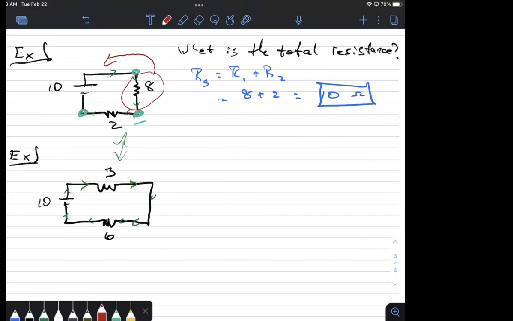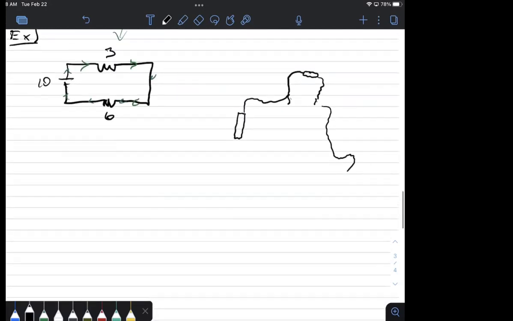And so if you have a true circuit sitting somewhere, that true circuit may look like some weird thing where you have a battery and wires, and then over here you have the resistor plugged in to the circuit board, and then you have another wire over here, and then here you have another resistor plugged in, and then the wire. That may be what the circuit actually looks like, but of course that's messy.